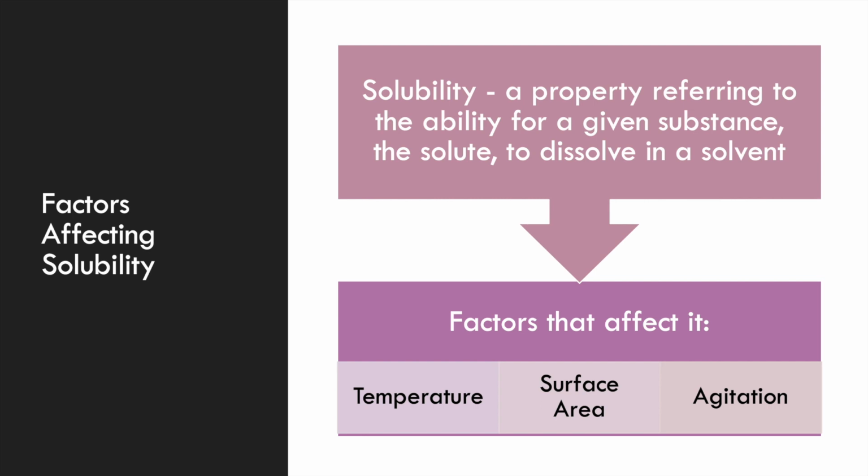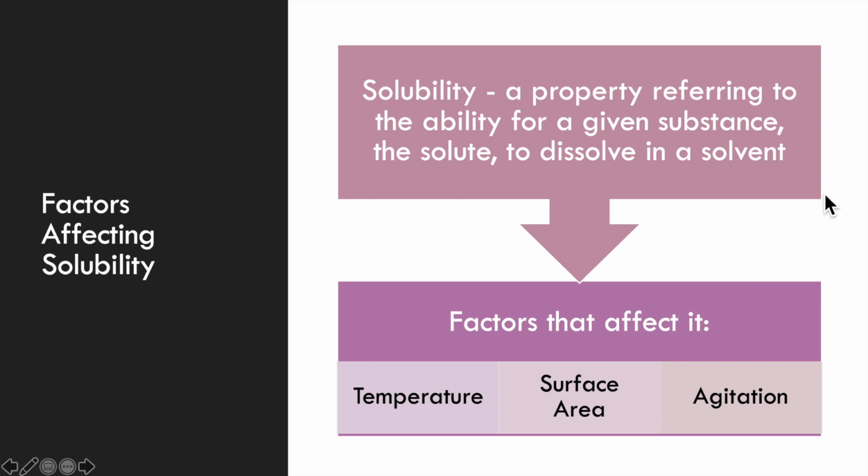Solubility refers to how much of that solute is dissolved in a solvent. So let's say you're putting salt into water, how much of the salt dissolved? Or if you're putting sugar into tea, how much of that sugar dissolved in the tea?